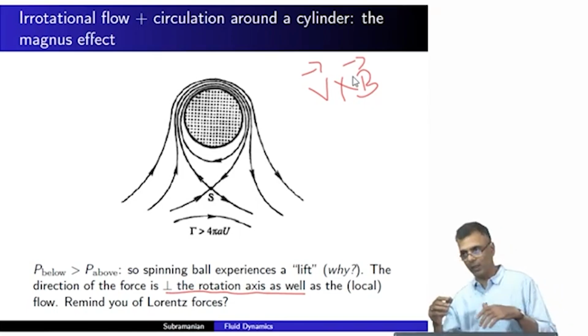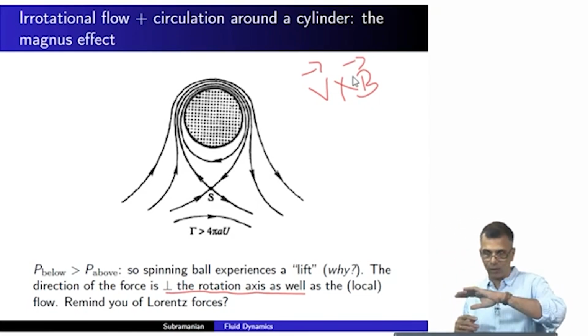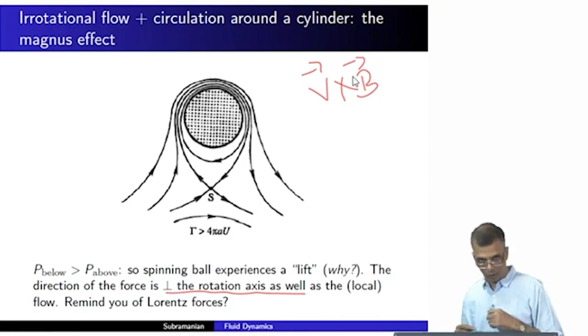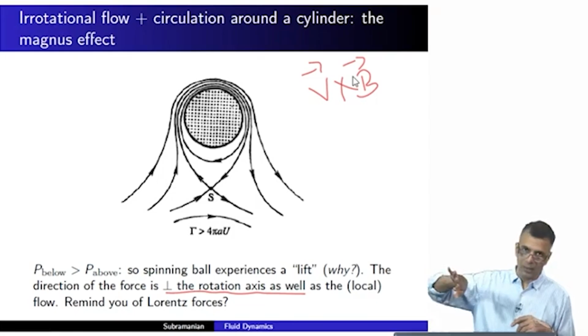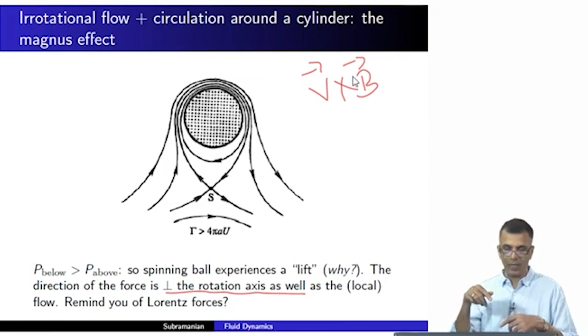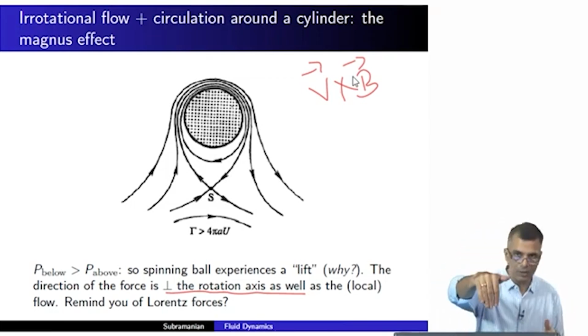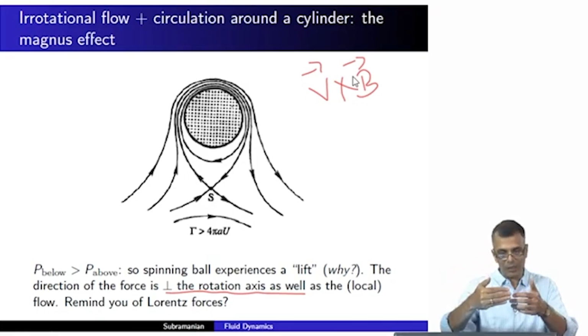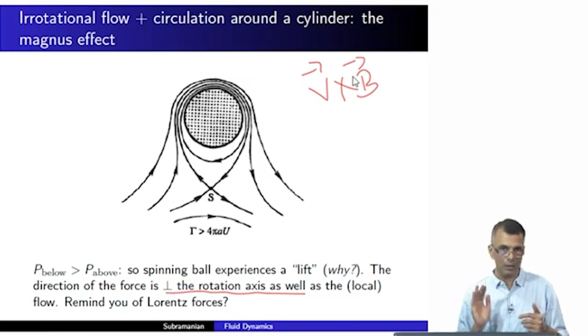When a tennis player wants to make sure that the ball does not go outside of the court, he or she imparts a topspin. Because of this Magnus effect, there's a downward force on the ball. So the ball curves and falls within the baseline and does not go out.